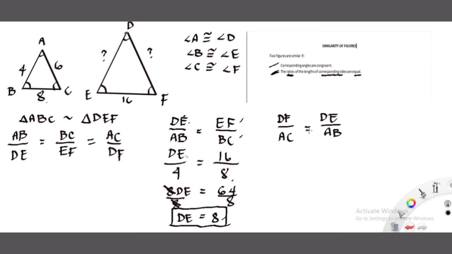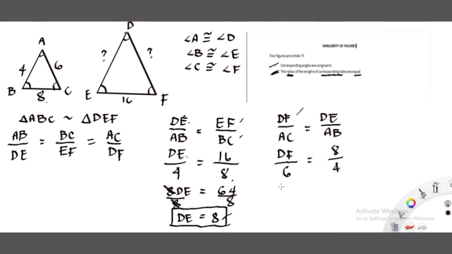Again, pwede ang DE over AB na ratio or pwedeng EF over BC. Now, let's substitute the value. So, we have DF, that's unknown, hindi pa natin alam. So, we will write DF, or bahala kayo kung anong variable ang gusto nyong gamitin, over AC. AC is equal to 6. Alright? Equals DE. Ano bang value ng DE? Na-solve na natin yan. That is 8 over AB. AB is equivalent to 4. So, cross multiply.